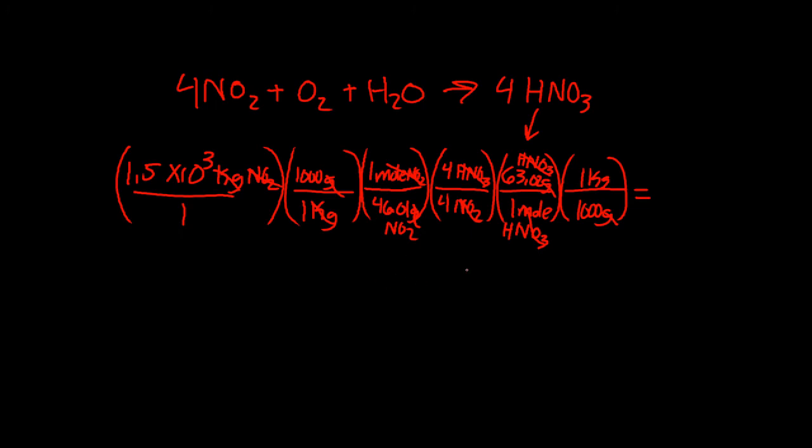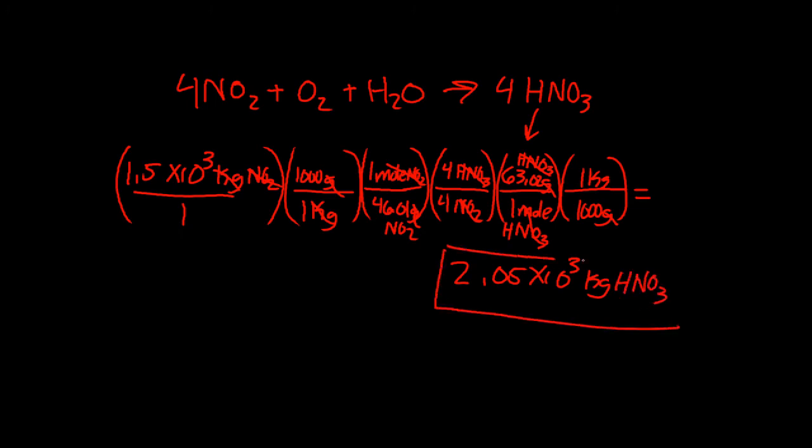And what we get is 2.05 times 10 to the third kilograms of nitric acid. Oops, sorry, I kind of crossed out my 3 there. But a lot of nitric acid is produced.